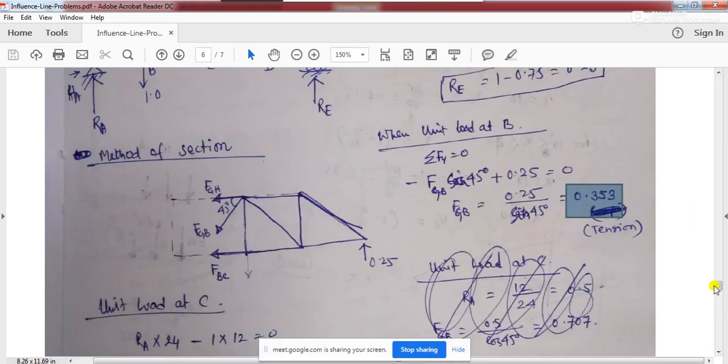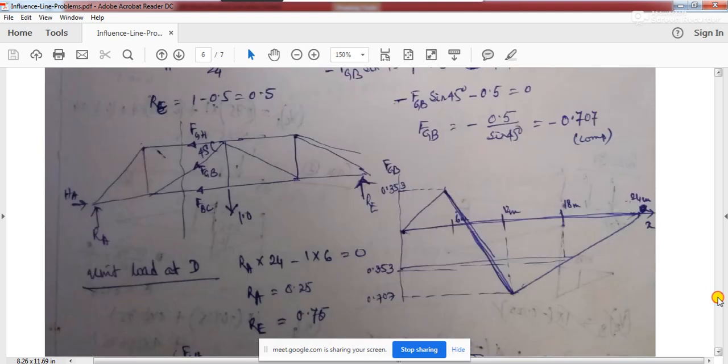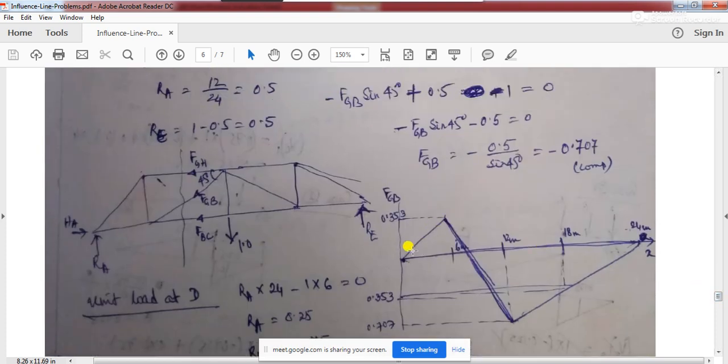So you plot this tensile 0.353, tension means on the top side, and then join it with a straight line.